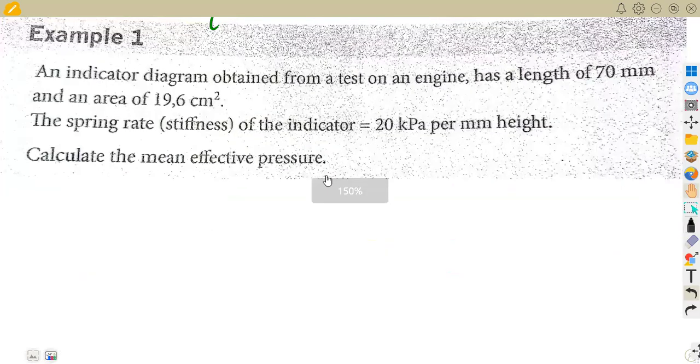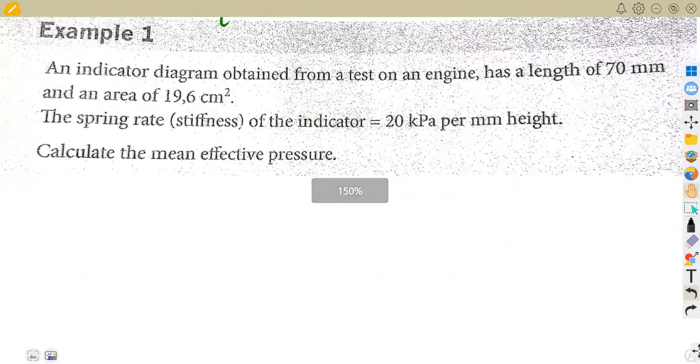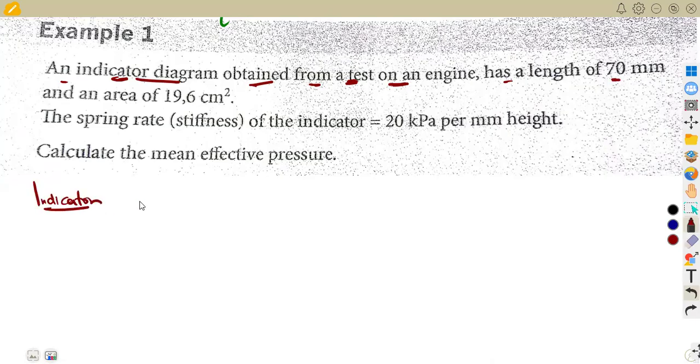We are given example number 1, that an indicator diagram, take note, an indicator diagram obtained from a test on an engine is the following: the length and the area. So we know that this information is from the indicator diagram. What are we given there?